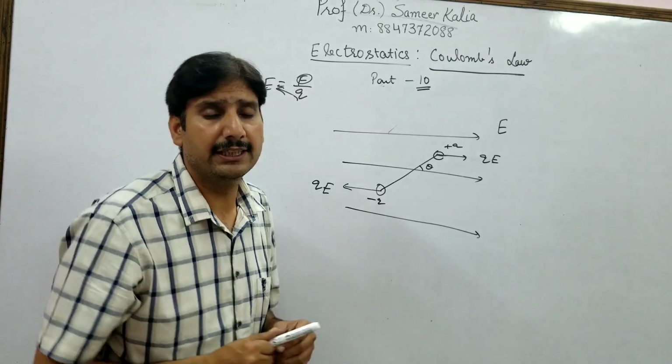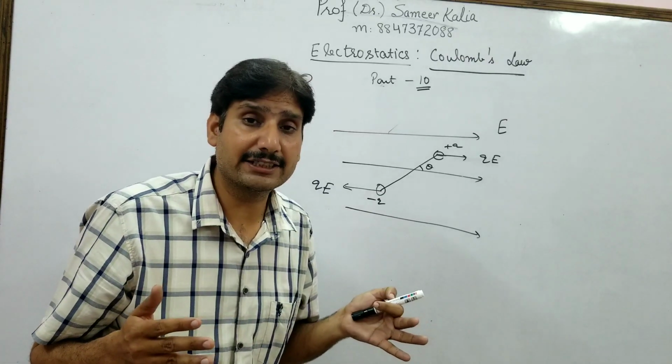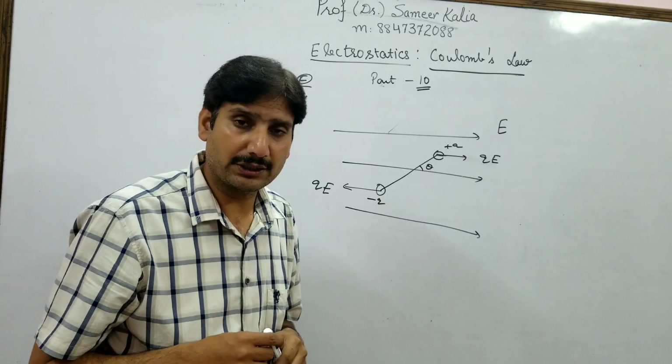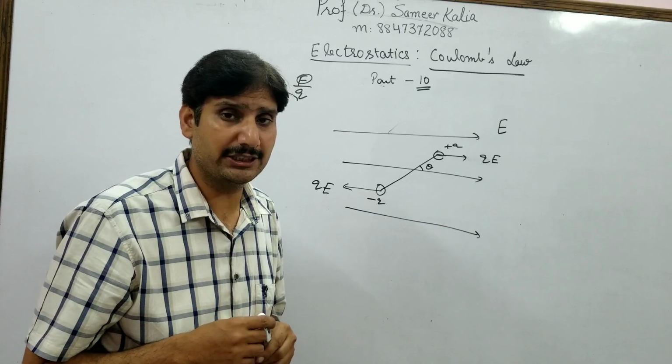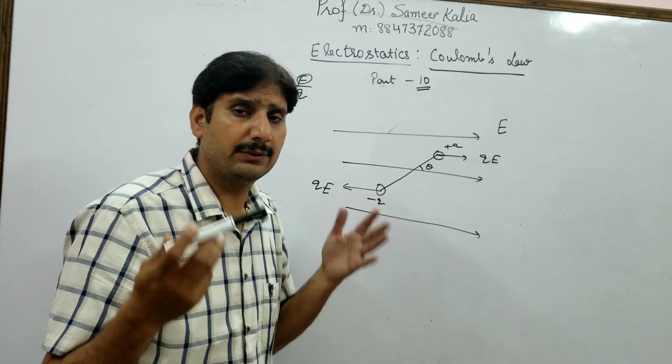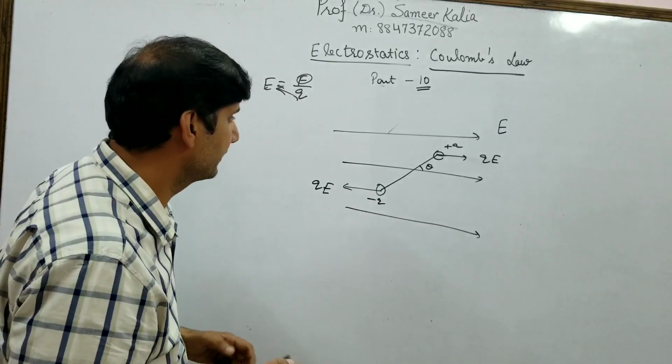Think of a situation where they will have the same line of action. That means when they will be cancelling out each other. Do you know what those positions will be and how many such positions there will be as the dipole rotates? We'll get the answer in a few minutes.